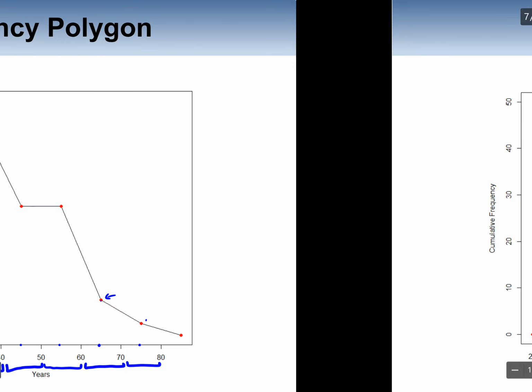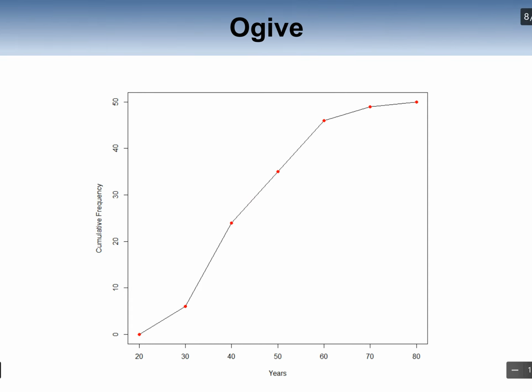And then if you look at the vertical axis again, this time instead of frequency, it says cumulative frequency. So here we have what is called an ogive. We have our first class, 20 to 30, and these are going to correspond with the endpoints to the column that was called cumulative frequency.